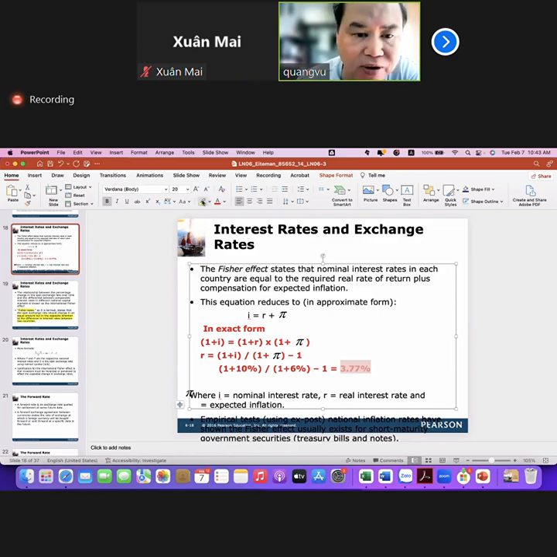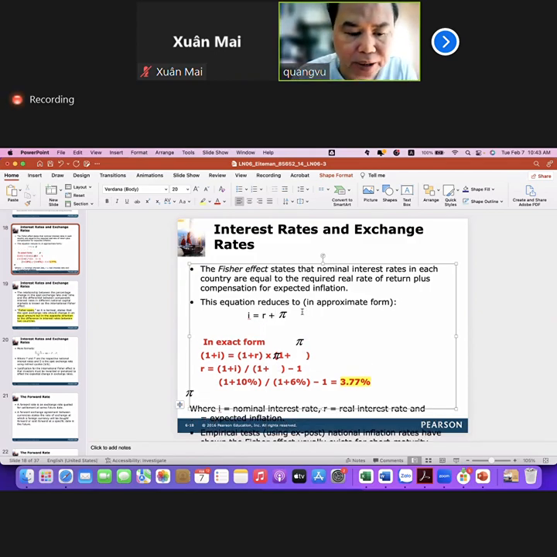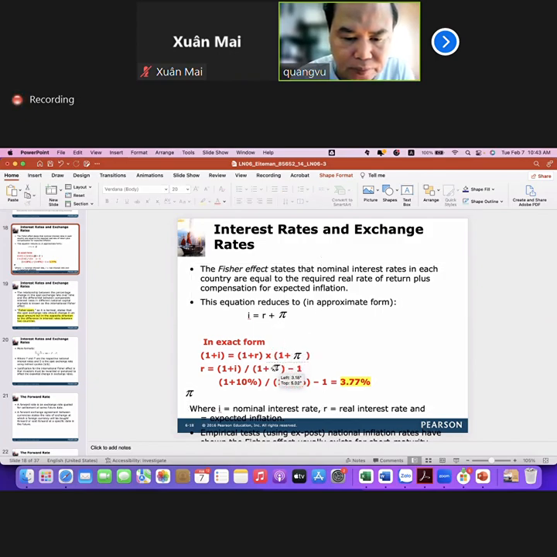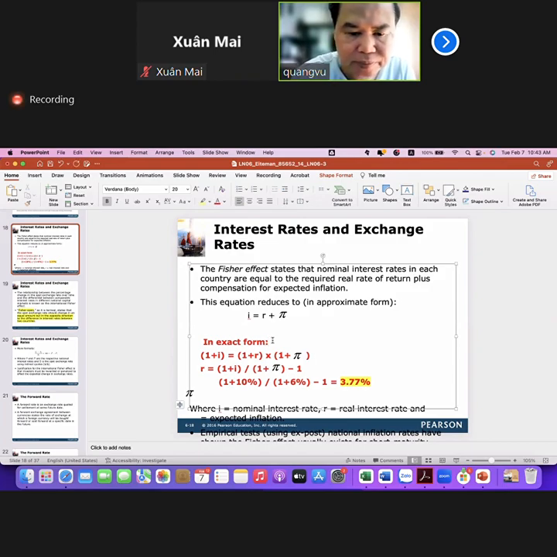In approximate form, the real return you actually earn, small r, equals 10% minus 6%, and then you can say the real return you actually earn is approximately 4%. 4% is just approximate, not exact. Exactly it must be 3.77%.